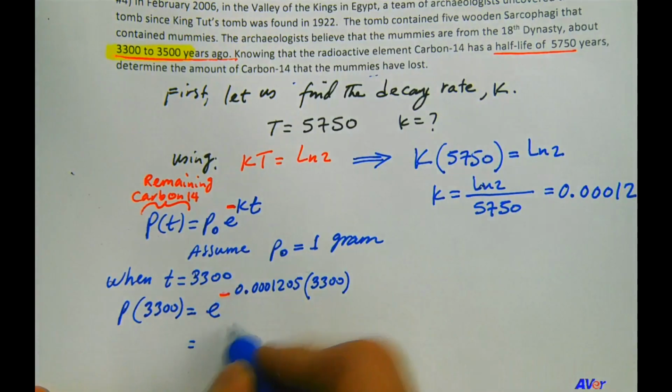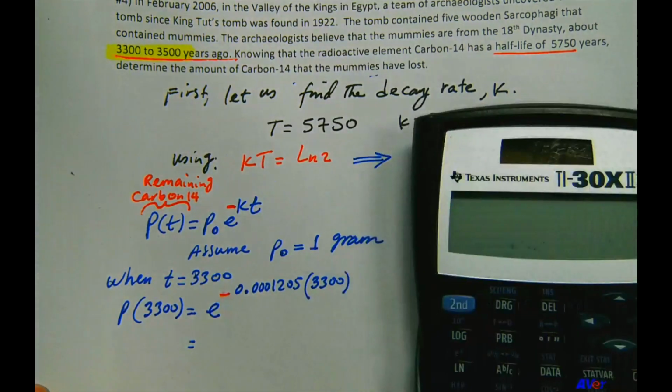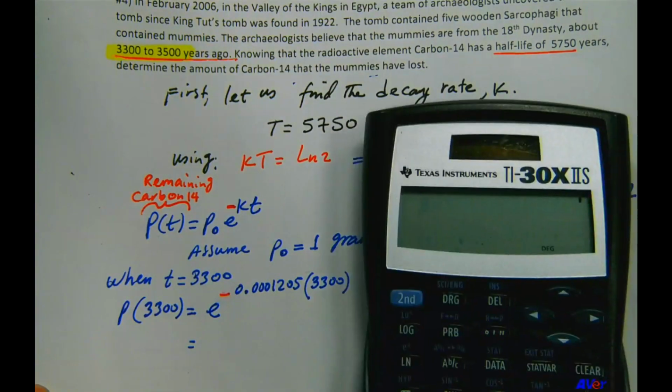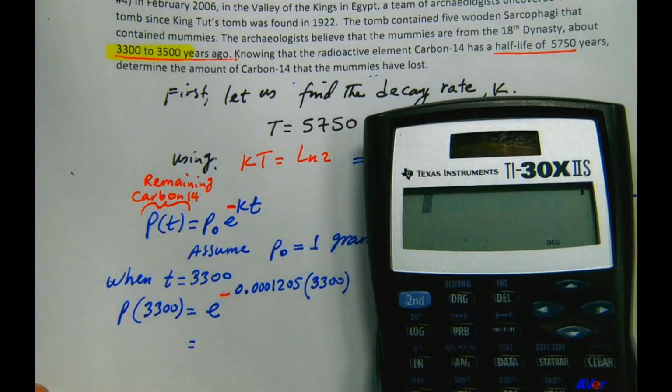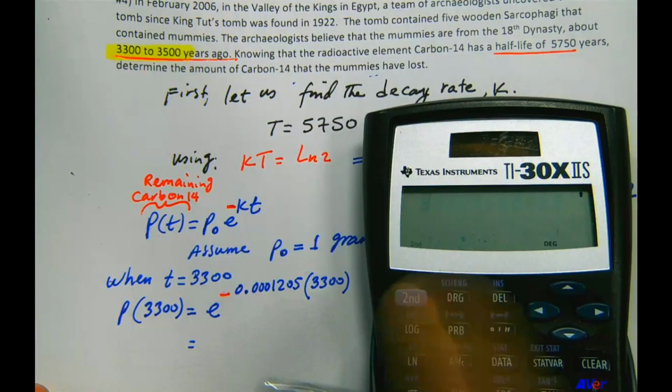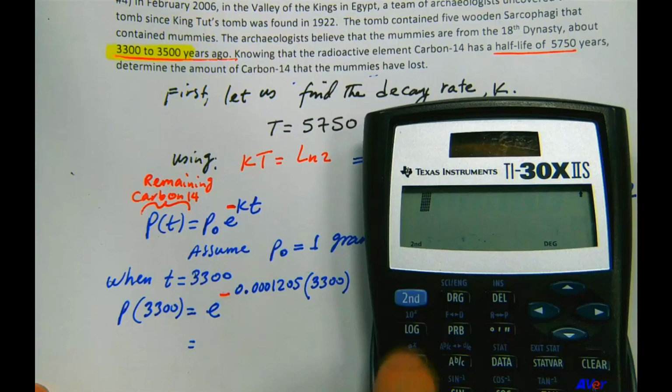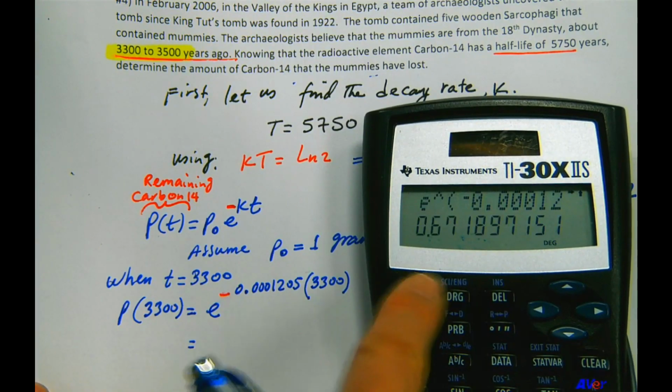Let's see. Now all we have to do is calculate this quantity. So E, the natural exponential function, to this exponent, minus 0.0001205 times 3,300, and remember to close the parentheses. Enter.